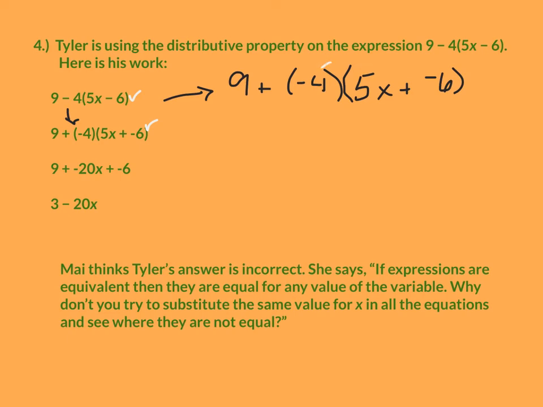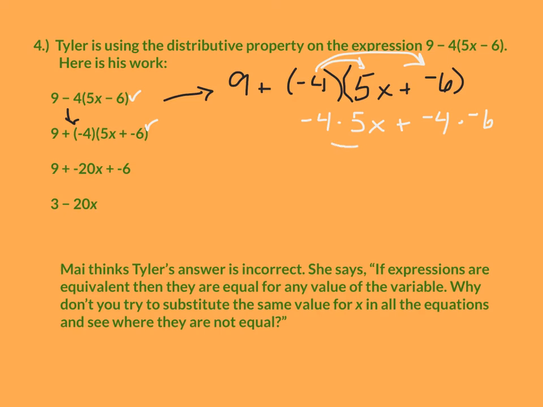So now we know that we need to distribute that negative 4. We need to multiply, negative 4 times 5x plus negative 4 times negative 6.